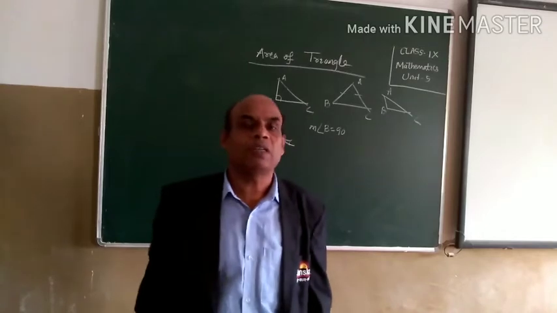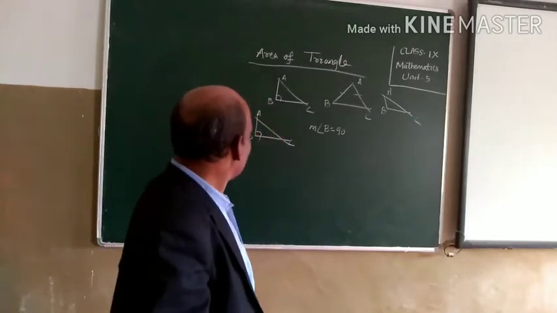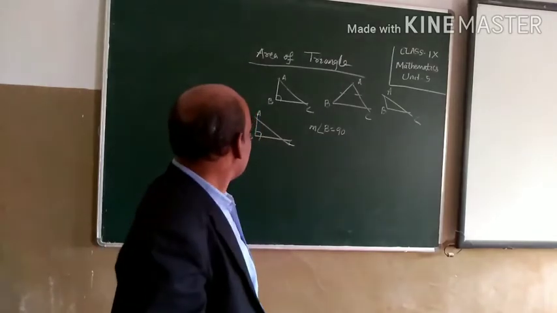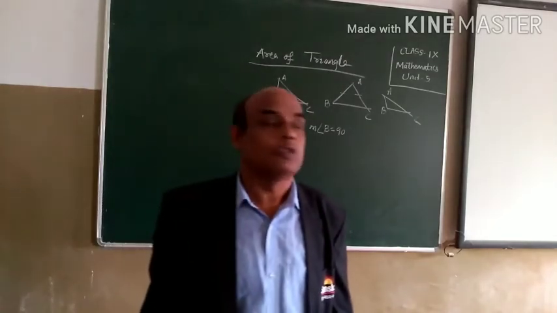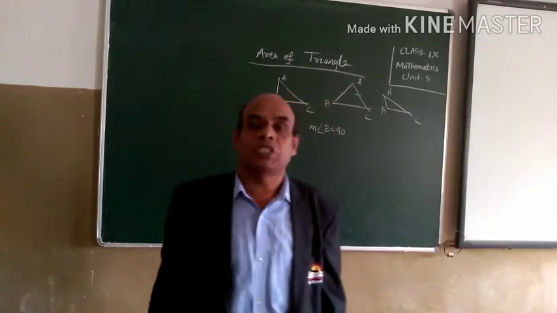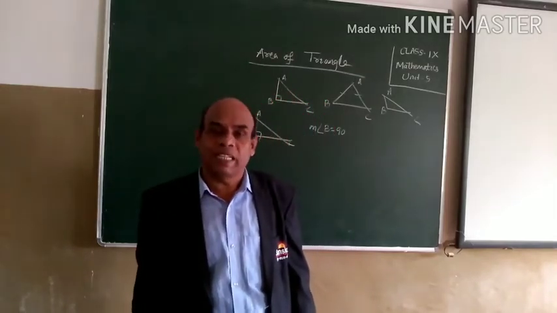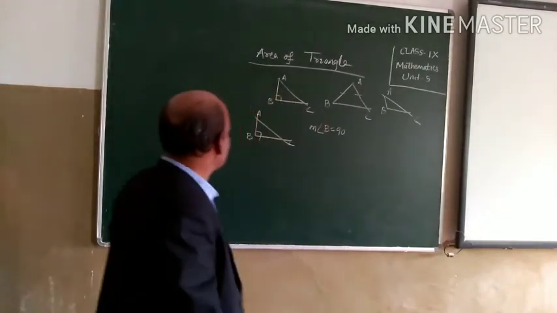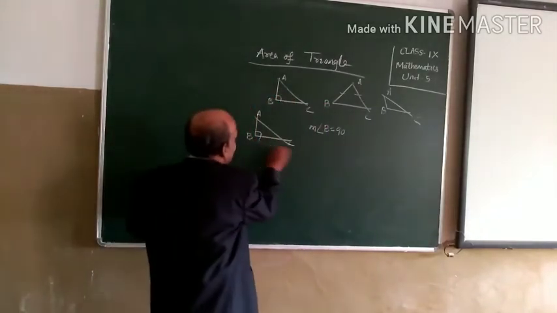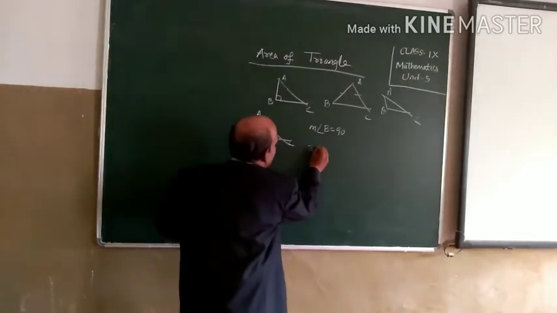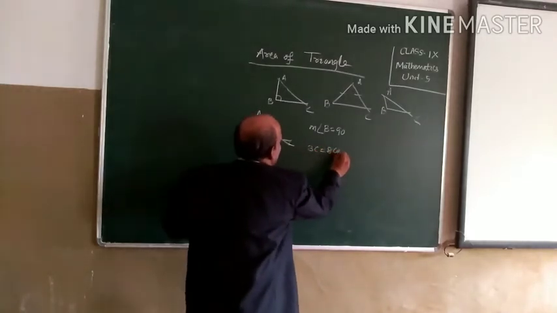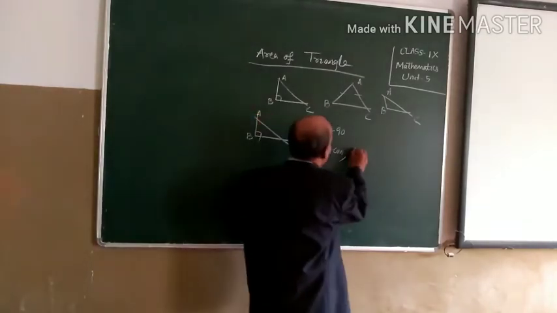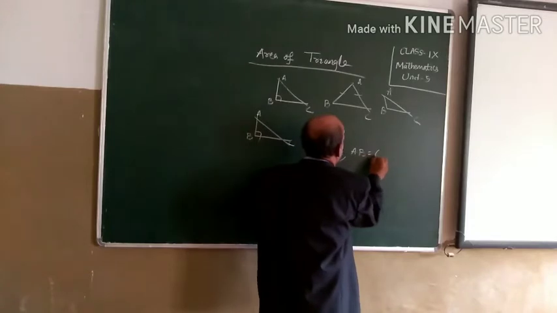You have to remember BC is base, AB is perpendicular, and AC is hypotenuse. If the question is given to find the area of the triangle, suppose the base is given as 8 centimeter and the perpendicular, that is AB, is 6 centimeter.